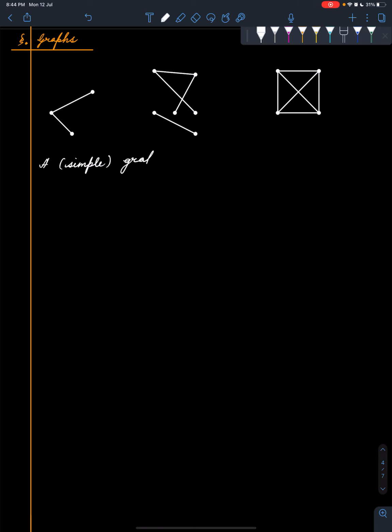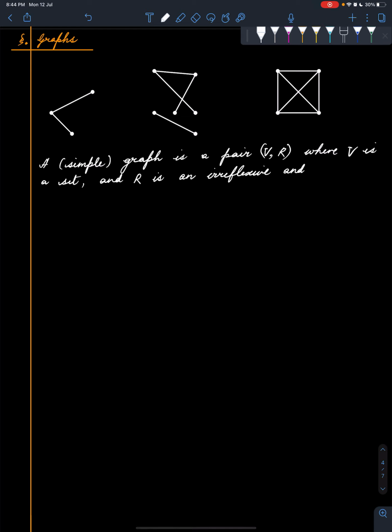A simple graph is a pair (V, R), where V is a set and R is an irreflexive and symmetric relation on V.